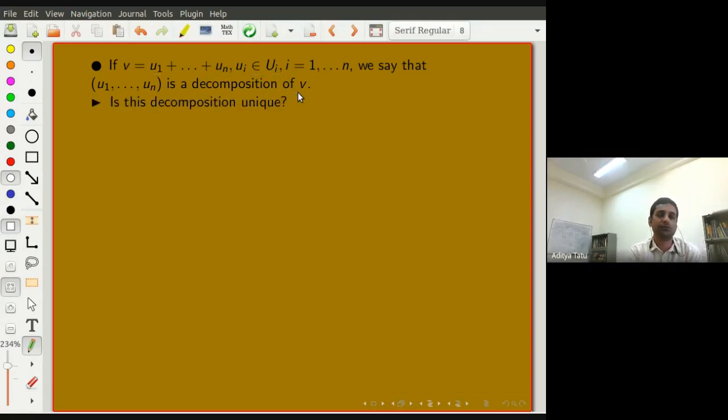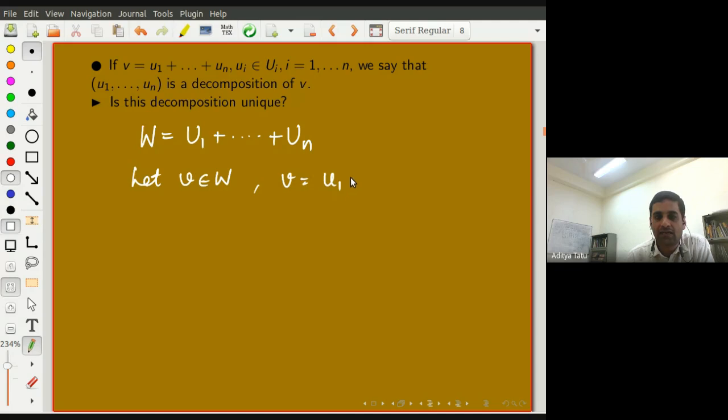is this decomposition unique? Let me elaborate the question. Say W is the subspace which is the sum of these n subspaces. I'm fixing the n subspaces and not changing them. Now I take some vector v in W. Since v belongs to W, I can write v as a sum of some n elements, each from the corresponding subspace Ui.